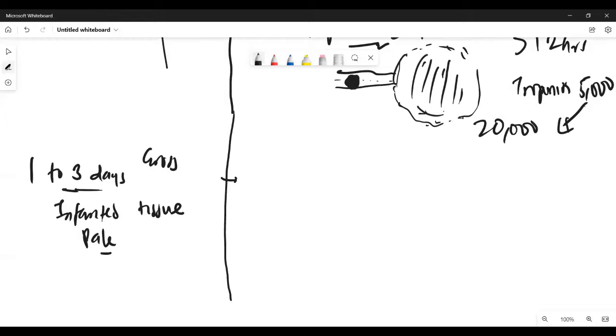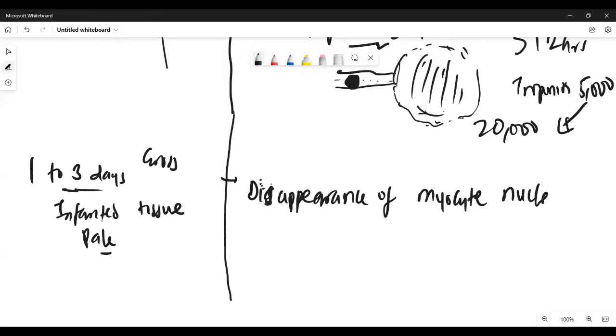On the microscopic level, we're going to start seeing disappearance of the myocyte nuclei and striation. Just the same thing we mentioned for coagulative necrosis yesterday, the nuclei will start to disappear, which is what we call karyolysis of the myocyte nuclei.